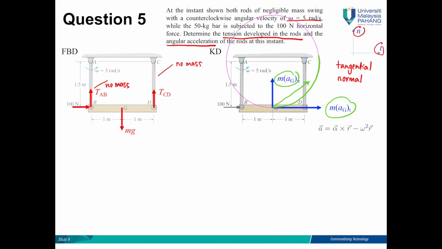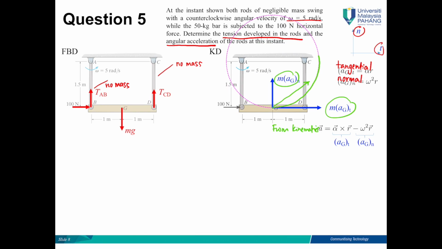Now if we recall from kinematics, this is from chapter 1, we know that the acceleration is equal to alpha cross r minus omega square r. The first term of this equation I have explained in the first chapter. This is the tangential component, and the second term is the normal component.